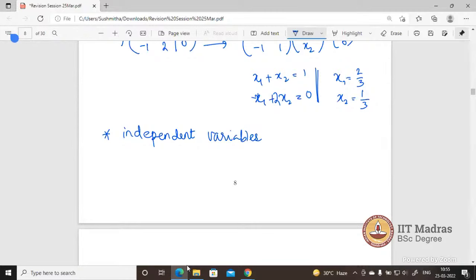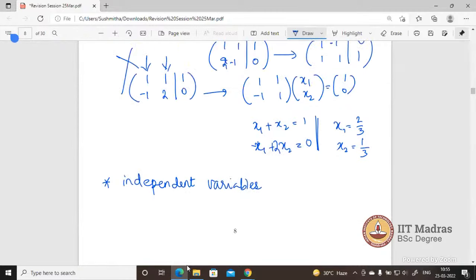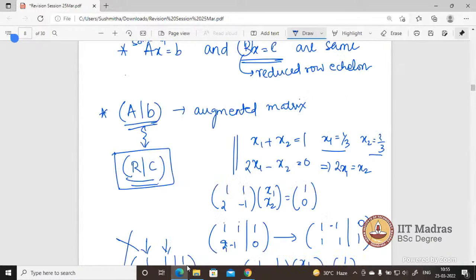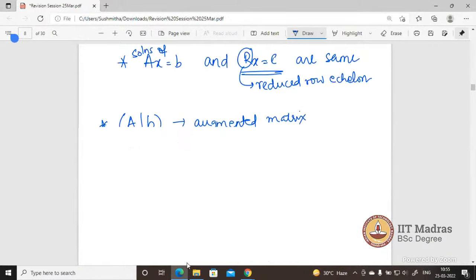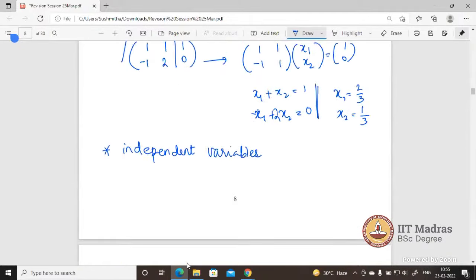If in a reduced echelon form, when it doesn't have a pivot in it. In the reduced echelon form, RREF, after you do RREF, if there is any column without a pivot, the variable corresponding to that is an independent variable, right?